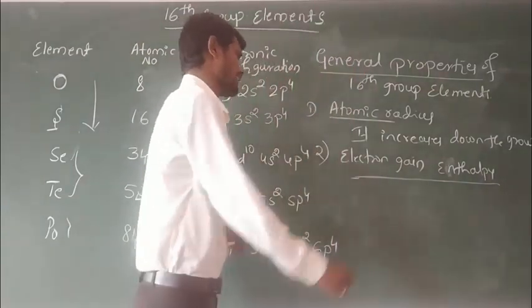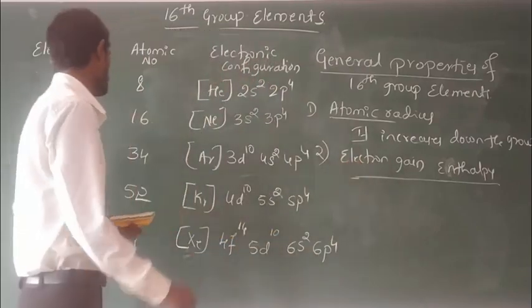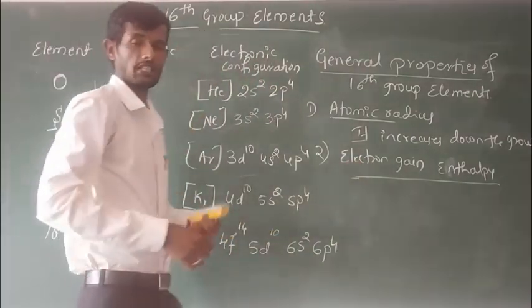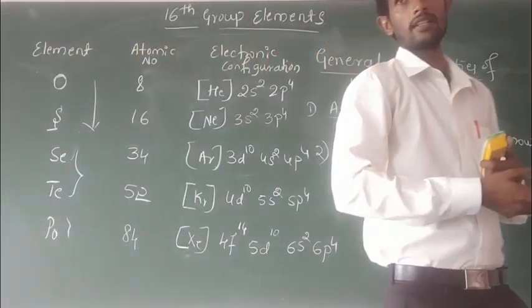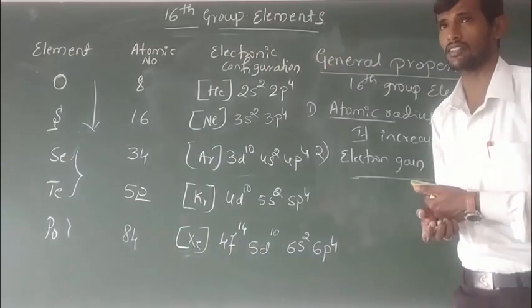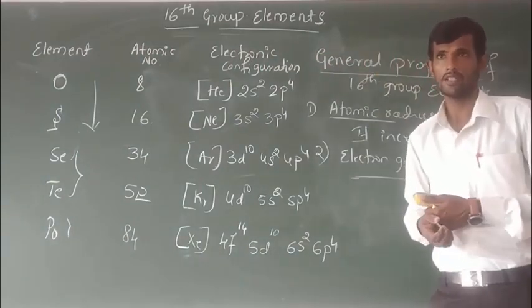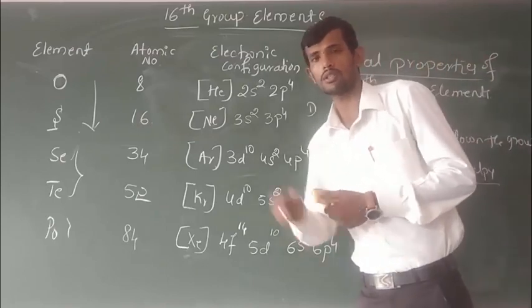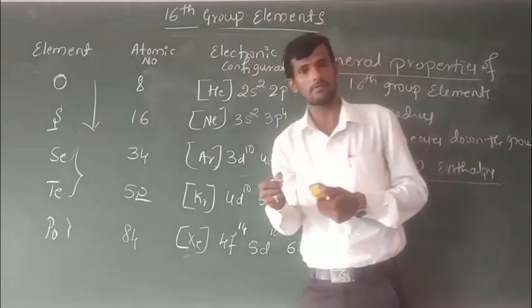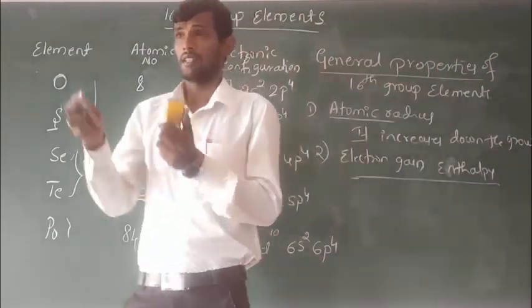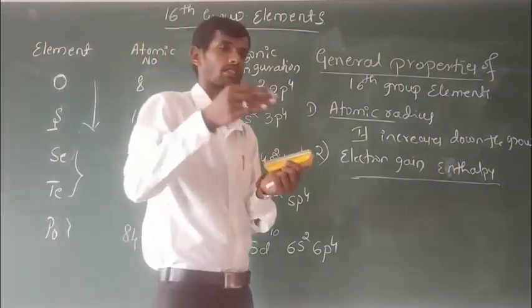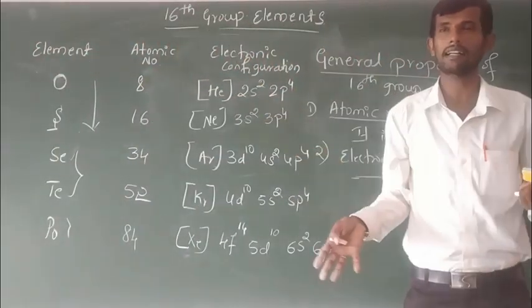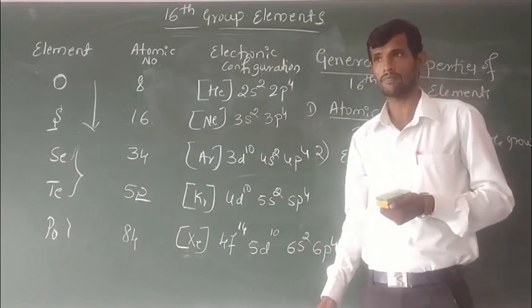What happens to the electron gain enthalpy if we move down the group in 16 group elements? No doubt, it decreases down the group, because if we move down the group, the number of shells increases, and that means the distance between the nucleus and the outermost electron also increases.